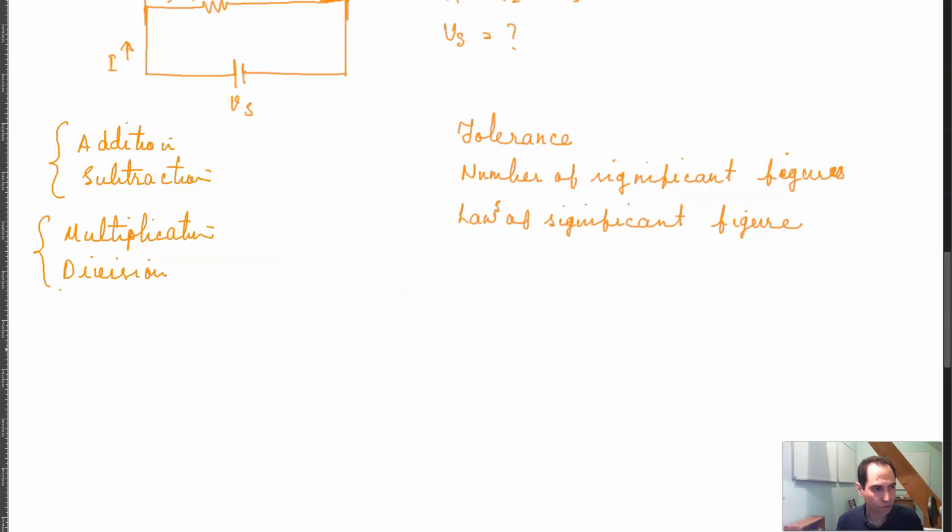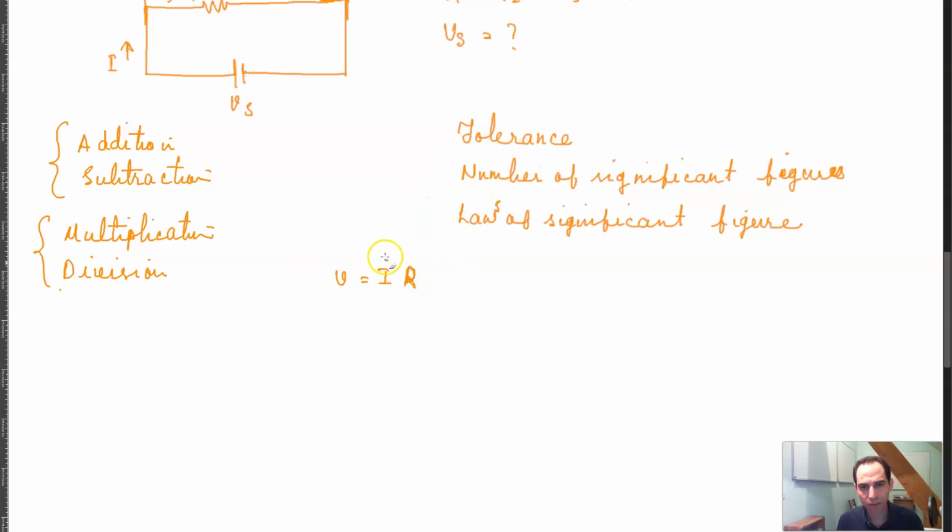Now, of course, most of the time we do multiplication and division. For example, V is equal to I times R: voltage equals current times resistance.